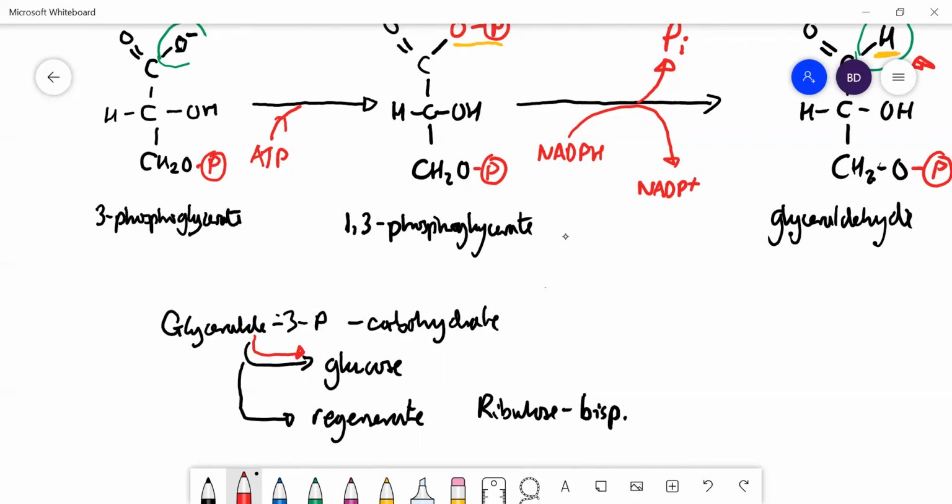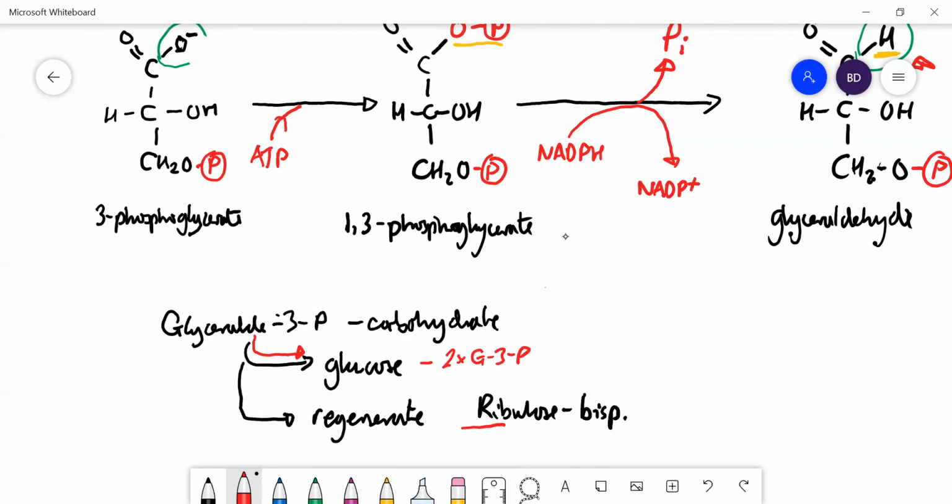The same applies when making ribulose from glyceraldehyde, because they've got the same level of oxidation and reduction, so the energy changes aren't great. It's just a matter of putting bits of molecules together to form bigger ones. To make glucose, it's quite simple because it's literally just two glyceraldehyde 3-phosphates stuck together.